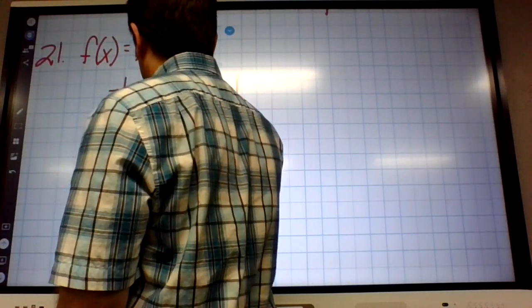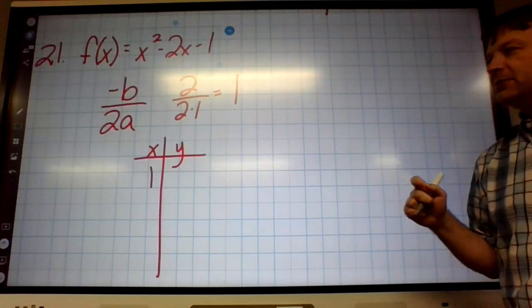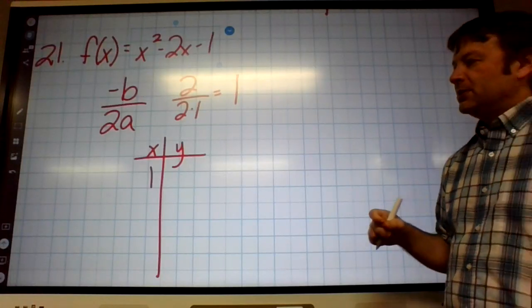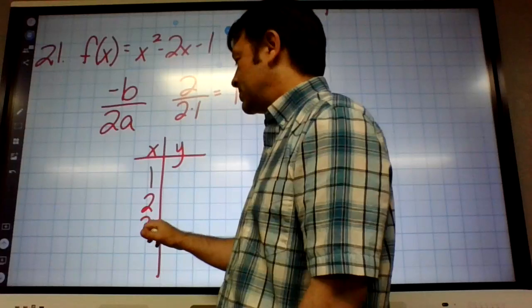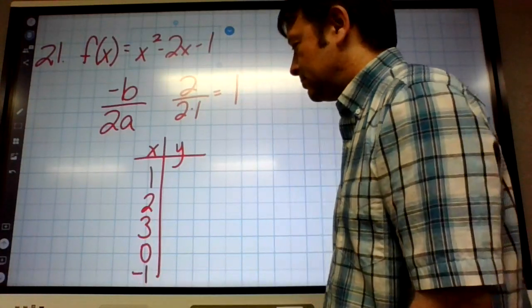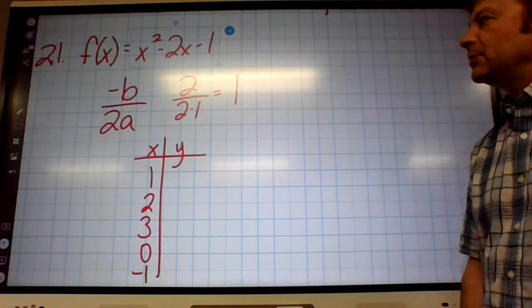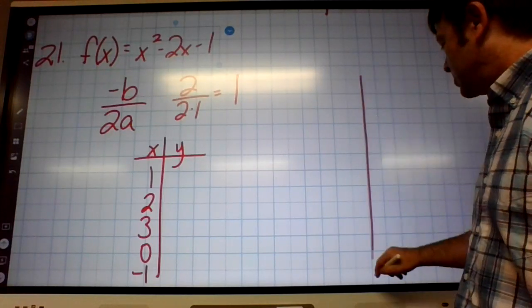They said 5 ordered pairs. 1 is going to be the vertex. So we want to choose x values that are close to the vertex, like 2 and 3, 0 and -1. What are we going to do with those values? Plug them in.